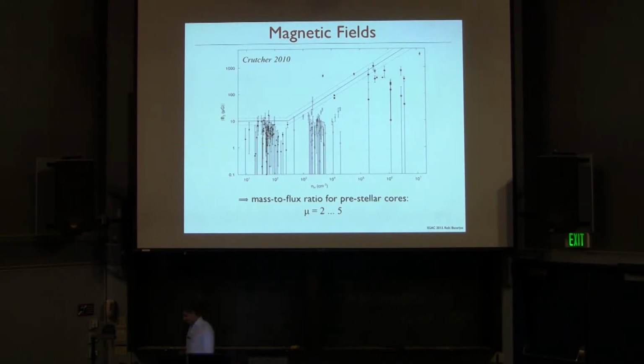And I think this graph you also have already seen. The idea here is to probe the influence of magnetic fields in certain density regions. You can see that most of the cores, this region here, are essentially supercritical, meaning they have mass to flux ratios of the order of a few, not very dramatic.